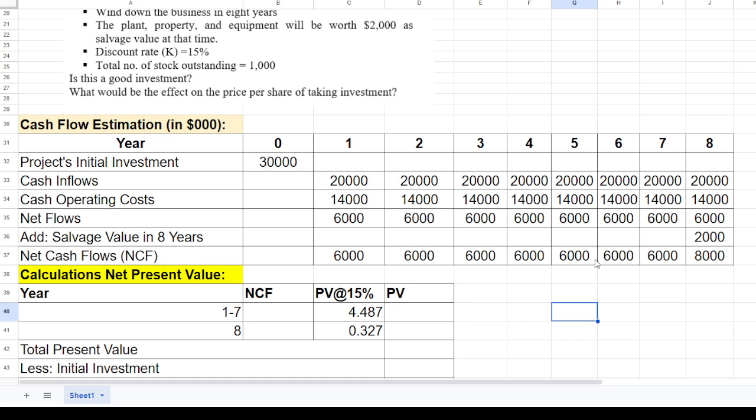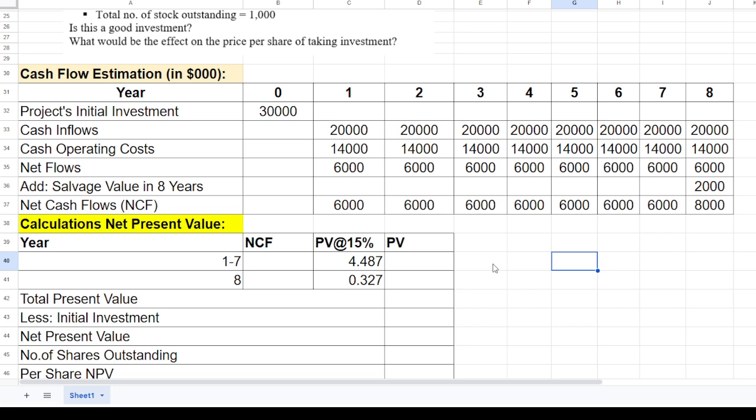Now to decide whether this project is financially viable or not, you are recommended to at least find the net present value, and that is simply the present value of future cash flow minus initial investment, okay? So look at the cash flow pattern. From year 1 to 7 we have an equal cash flow, so we can organize the information like this.